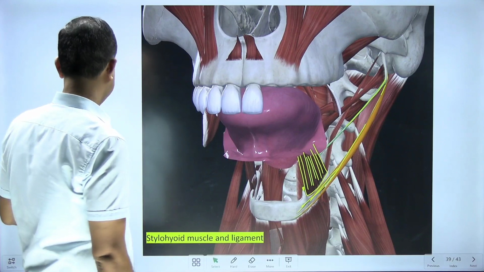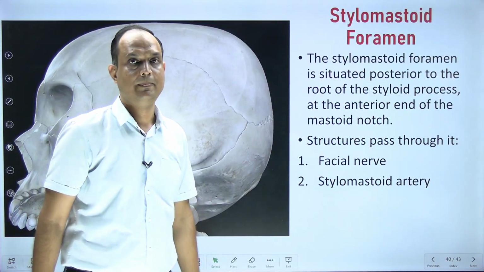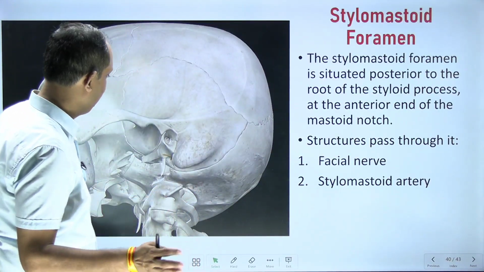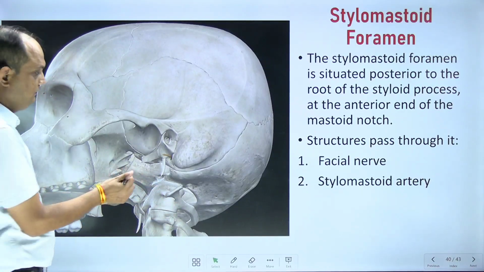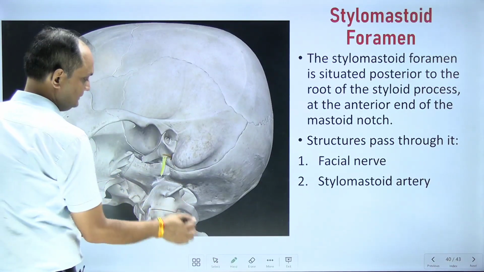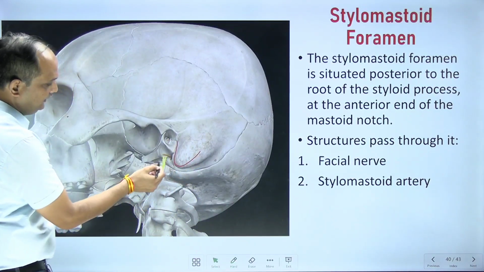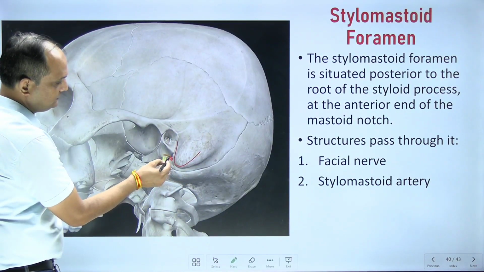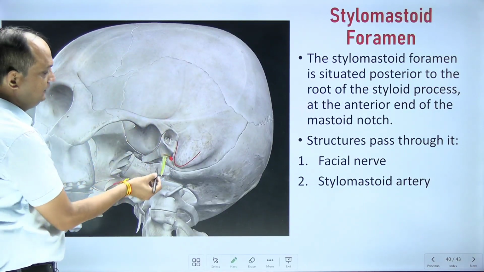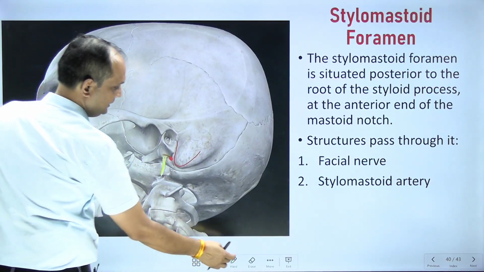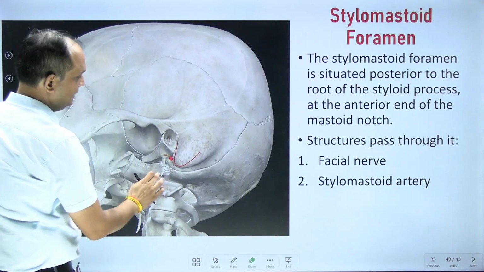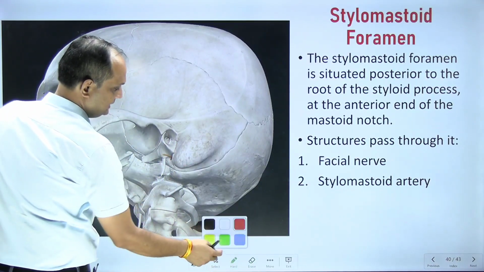Now the next is stylomastoid foramen. Now when you see again the inferior side, or the norma basalis which we are talking about, this is the styloid process, and this is your mastoid process. Now in between them you will find a small foramen known as stylomastoid foramen. Through this foramen there is a nerve, and this nerve is known as facial nerve.